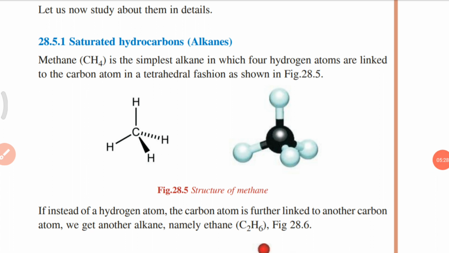Saturated hydrocarbons, that means alkanes. Methane, CH4, is the simplest alkane, which forms by bonding 4 hydrogen atoms to a carbon atom in a tetrahedral fashion. We can simply draw it like this.